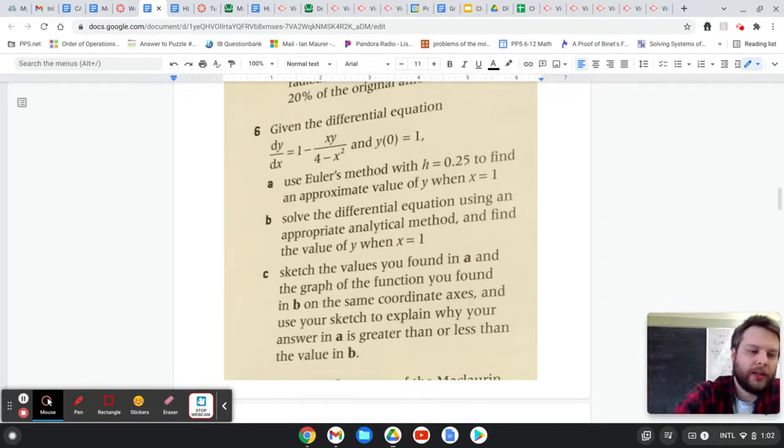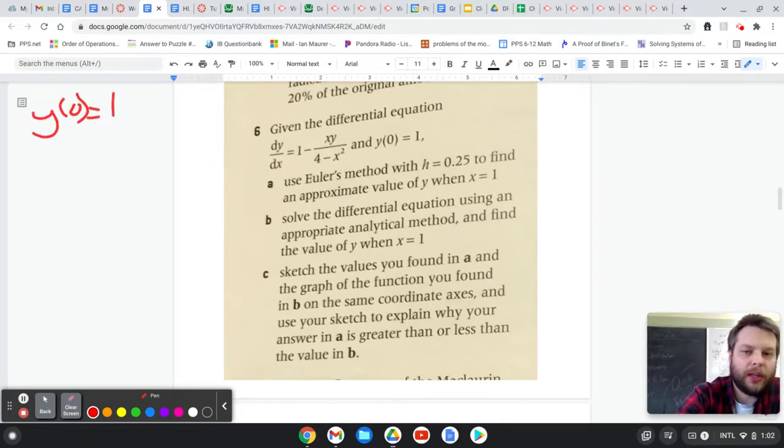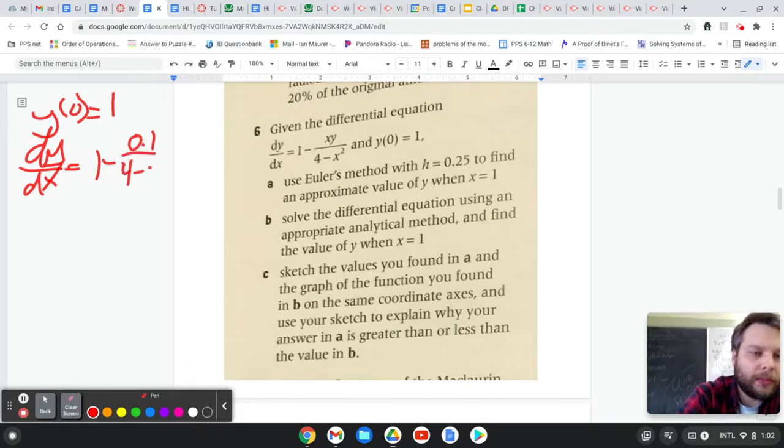Start out with y of 0 equals 1, and then we're going to use our h value of 0.25. So if we plug in our initial values into our differential equation, we get 1 minus 0 times 1 over 4 minus 0 squared, which is 1.